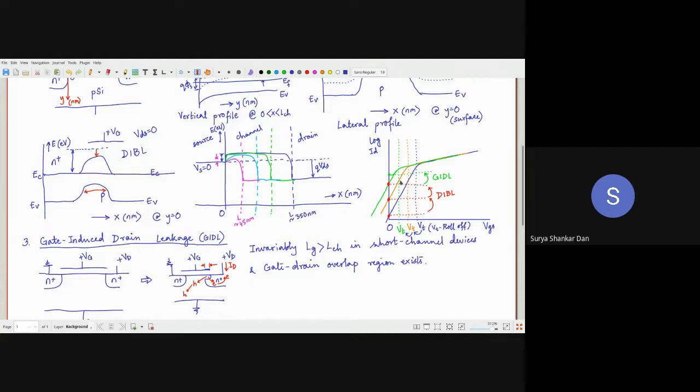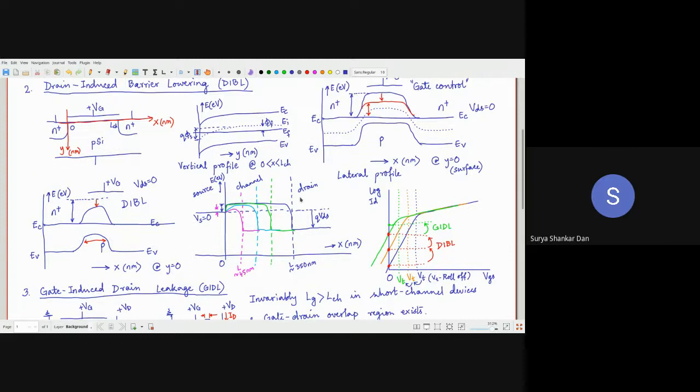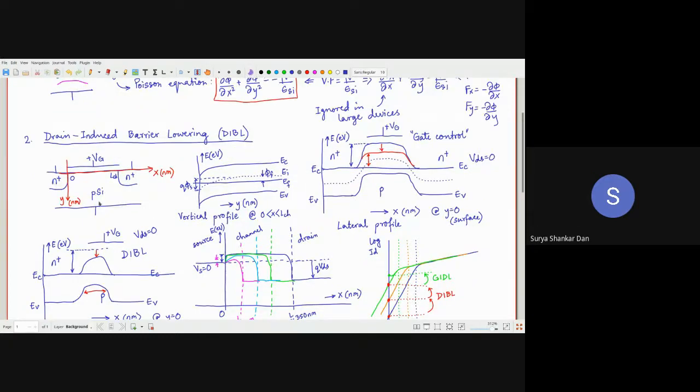When GIDL has started, you have to understand that you cannot scale the technology in the planar technology mode. So this is planar, the conventional epitaxial growth. So you have to change this into a 3D device.